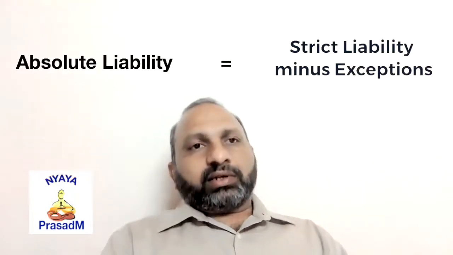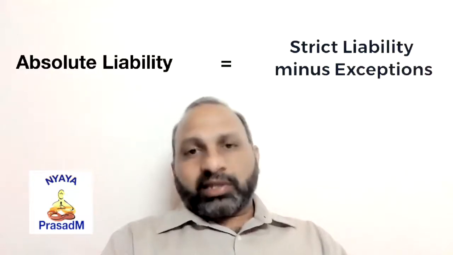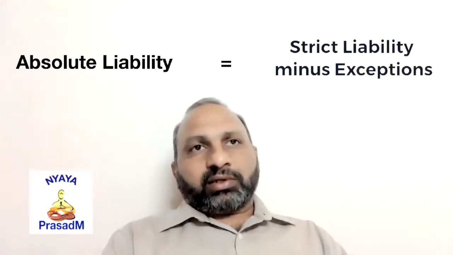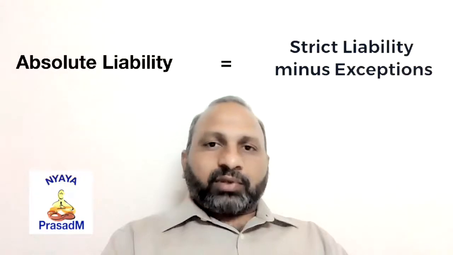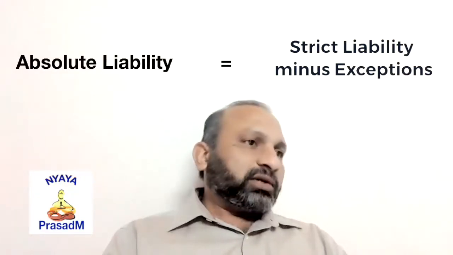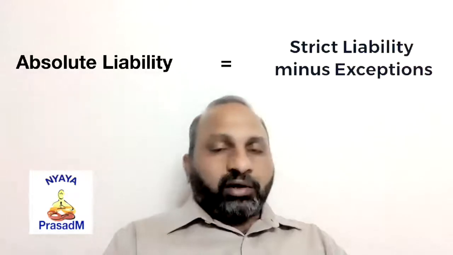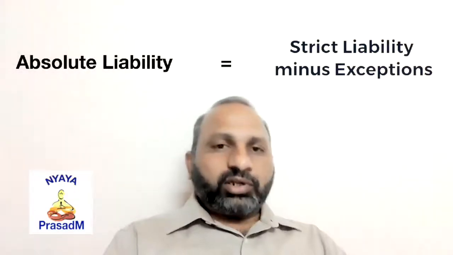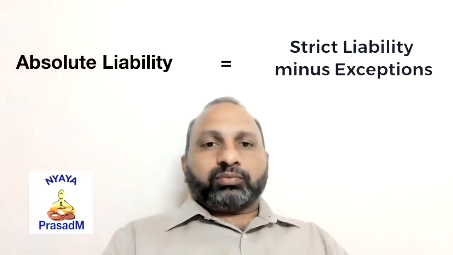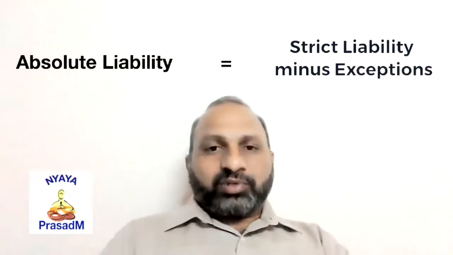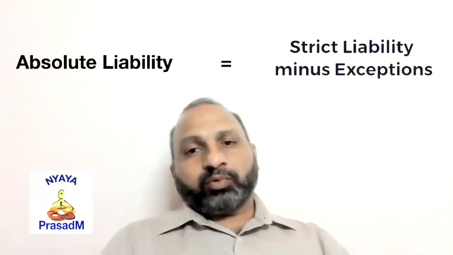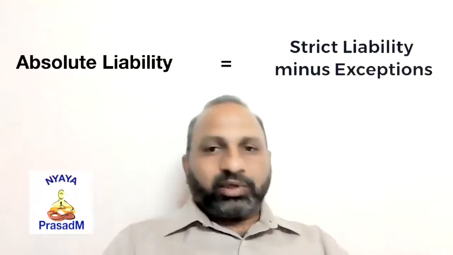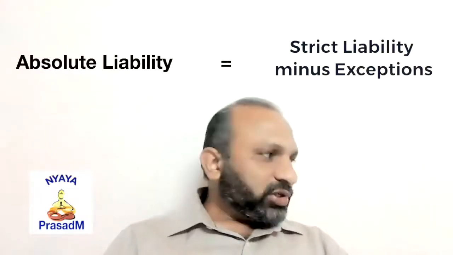Escape is not really necessary in absolute liability. Even natural use of land is part of this essential, and it doesn't have any exceptions. So it has a very wide scope, and it covers public negligence and personal injuries caused.